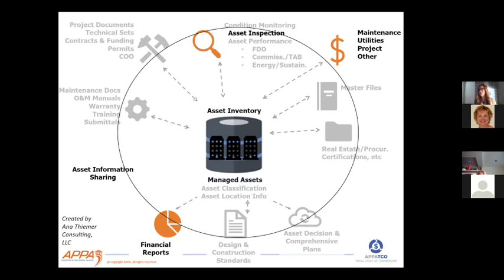Boz, I think it was Boz that you talked about the energy management information systems. That's where asset performance comes in, the energy and sustainability. So we couple our energy EUI and our asset performance. What is it costing us in maintenance?